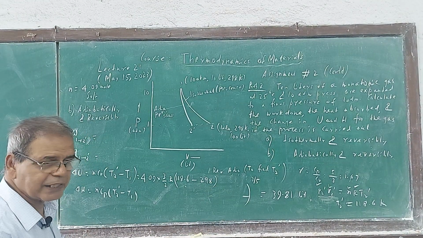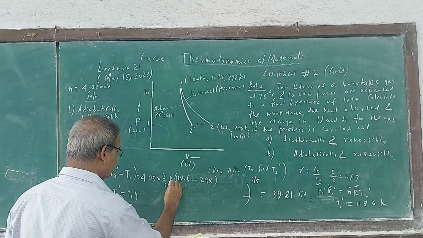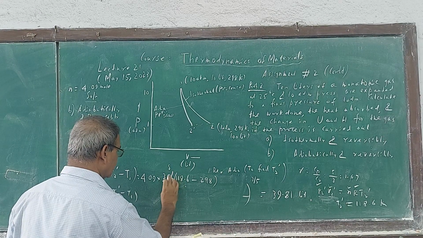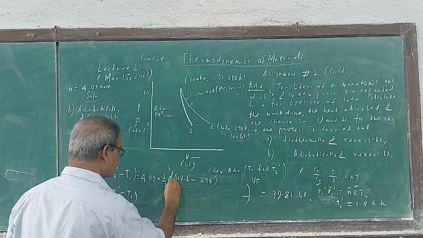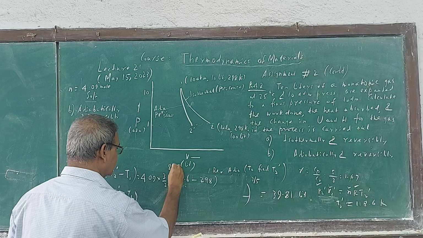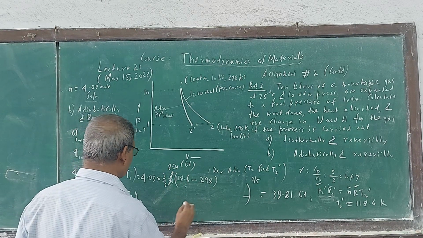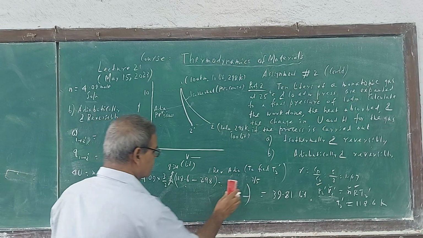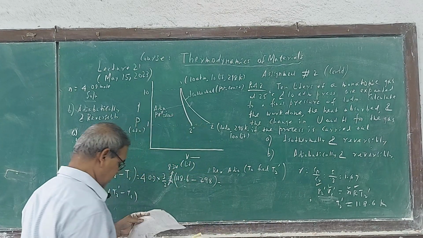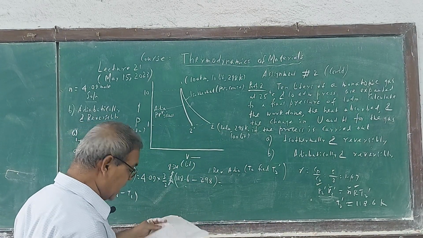What is the unit of R here? 8.314. Recall this. R cancels. If you do this, what will you get? The answer is a negative value.